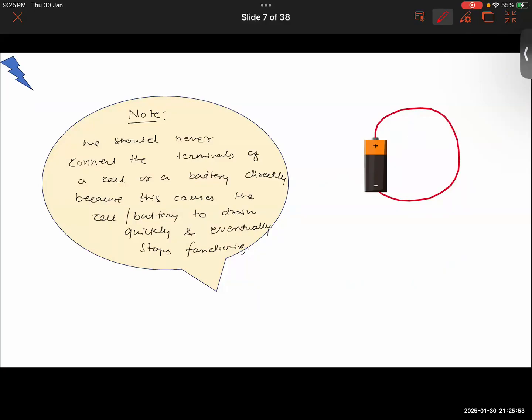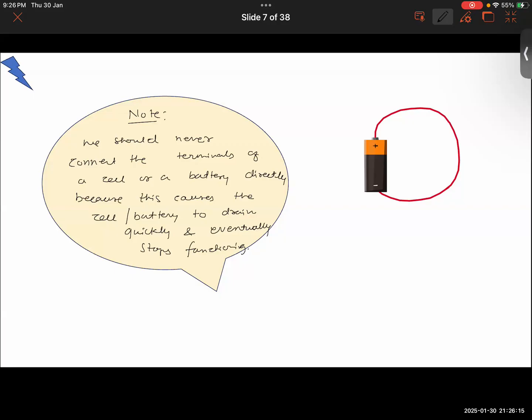You guys tell me, what is the difference between a cell and a battery? How are they different from one another? Sir, lithium battery are you saying? It could be any kind of cell. Okay.